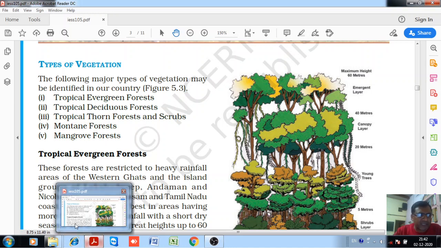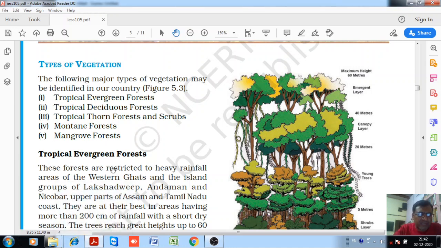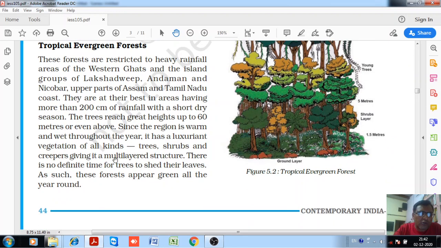So let us see one by one each of them. Tropical evergreen forests, as the name is suggesting itself. First of all, we have to understand tropical. Tropical means the region between two tropics, Tropic of Cancer and Tropic of Capricorn.